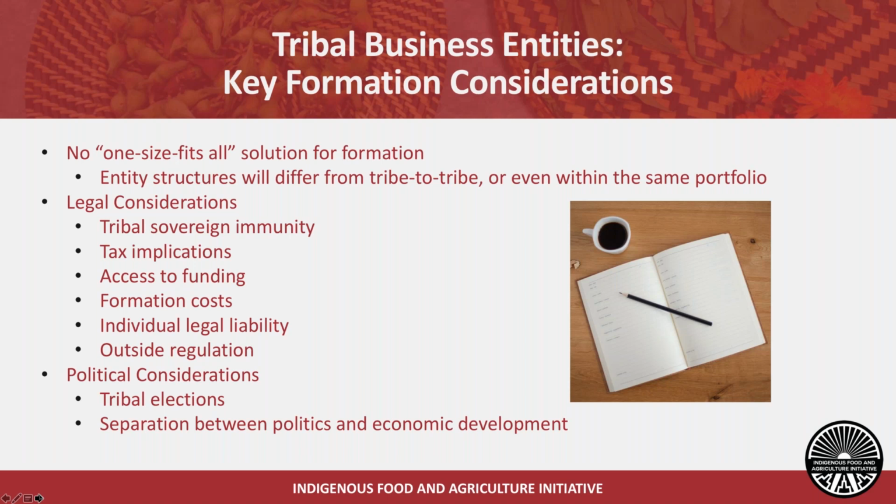And also, there is that attenuation, or closeness, that you might want to consider if you're setting this up as a tribally owned business, between the politics of overlap or turnover of office, and how much attenuation you want to keep, keeping your economic development separate from those transitional times that can happen with governmental turnover. So that's something to keep in mind going forward.